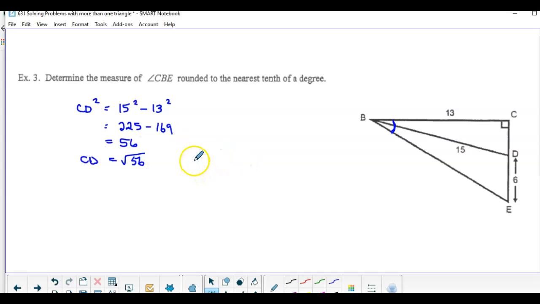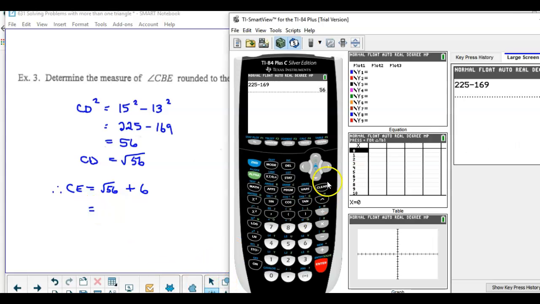You can simplify that, but we're not done the question and we're not asked for that side, so I'm not going to bother simplifying it. I'm going to label it here just to make sure. And then that means my CE is root of 56 plus 6.